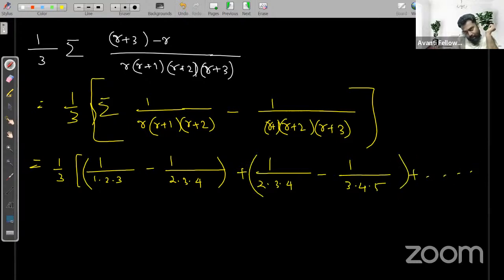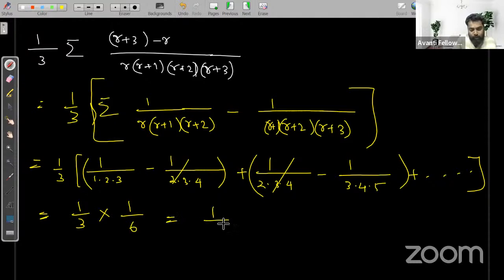So similarly, go on. Then you can see each second term will cancel out. All these terms cancel out, and in the nth term you will be getting the denominator with n. So when you apply the limit n tending to infinity, the last term will be 0, right? So from here also you are getting 1 upon 3. So this becomes 1 upon 6. So this will be 1 upon 18.